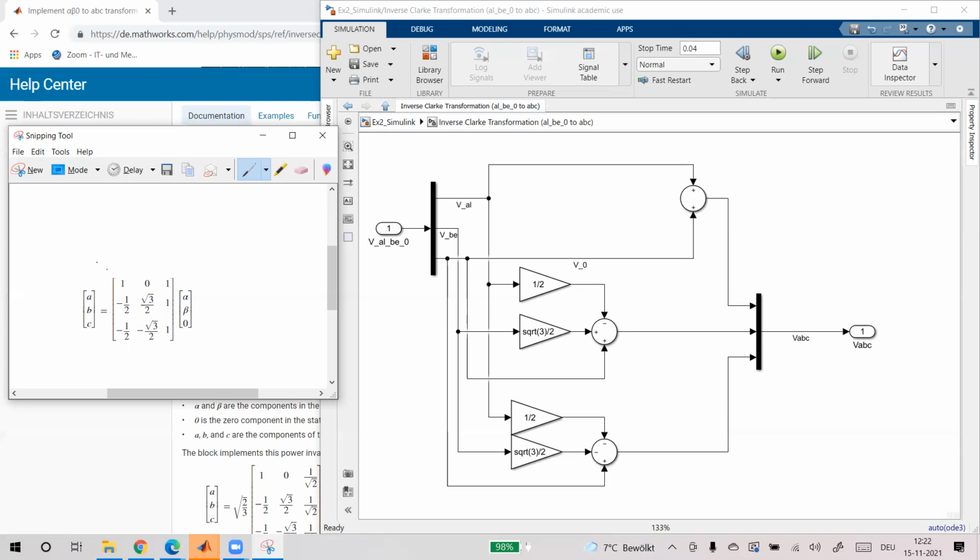You don't need to click and wait, you just click, hold, drag. That also works. Cool. Does it work?